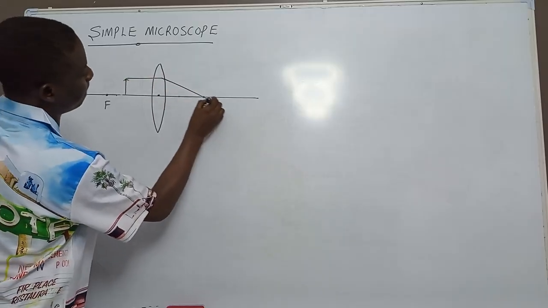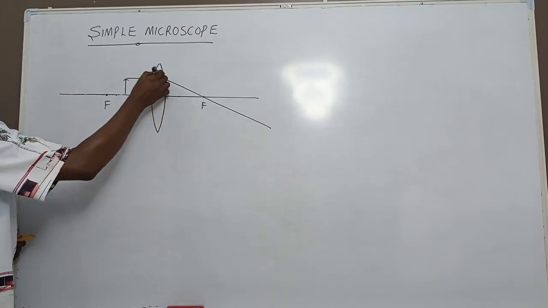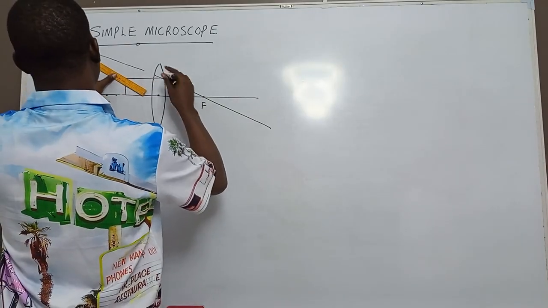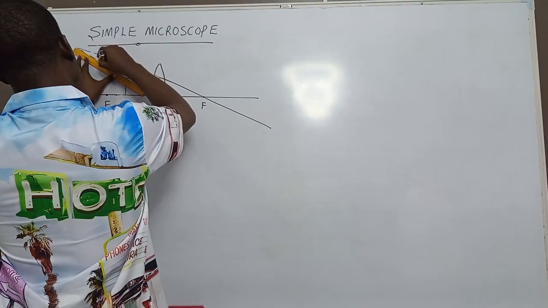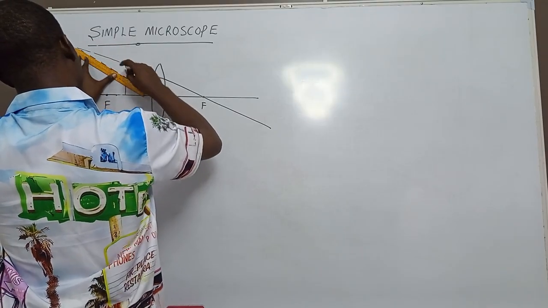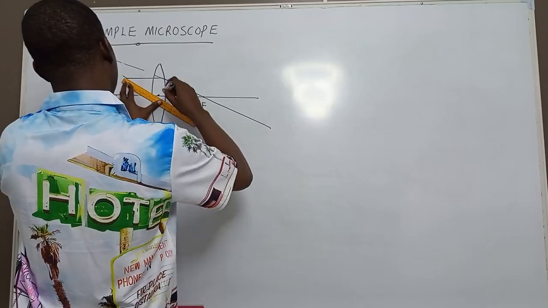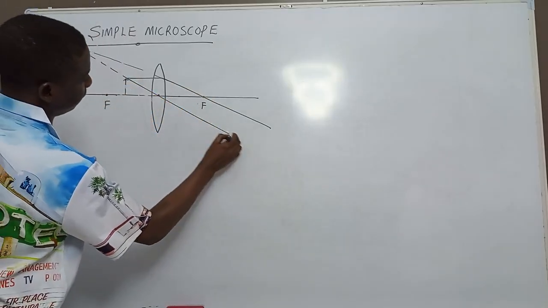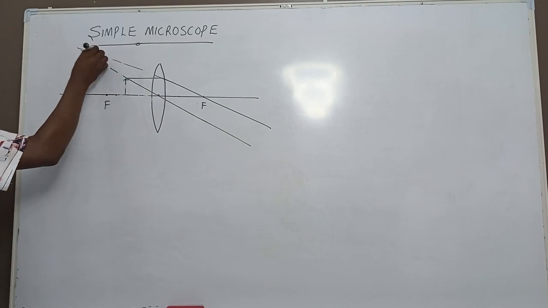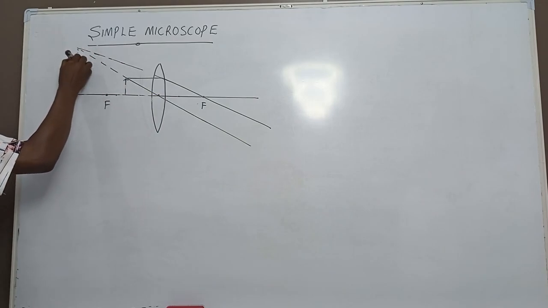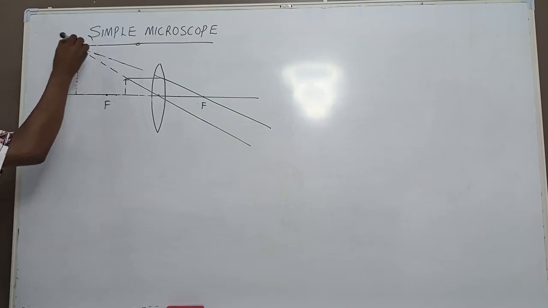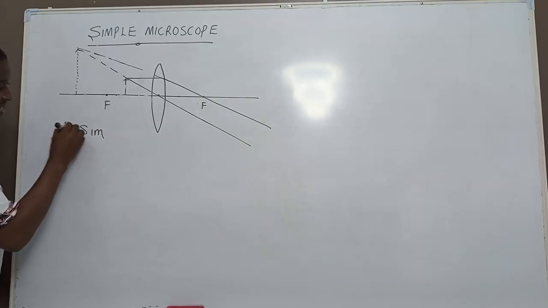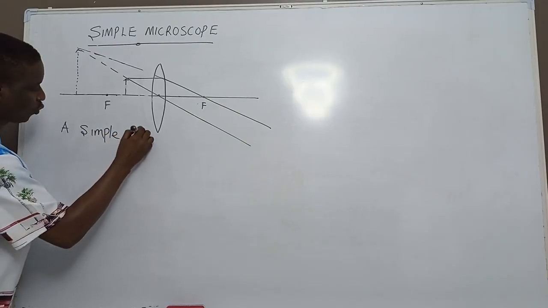What will happen now? We have something like this. So this is what I want to have. Then the object will be here. So now this is what a simple microscope looks like.